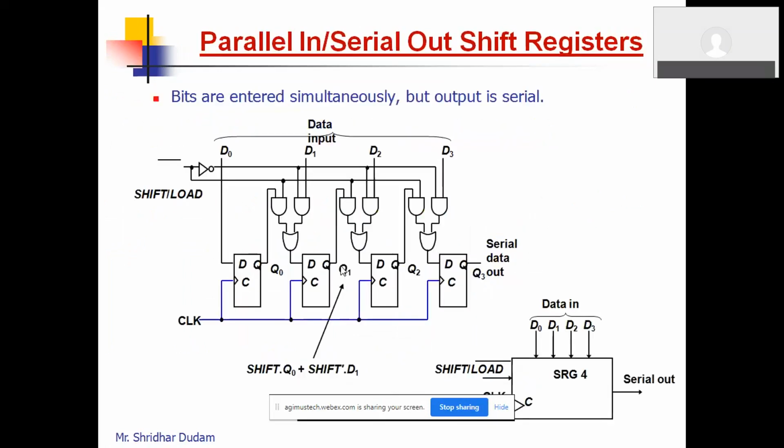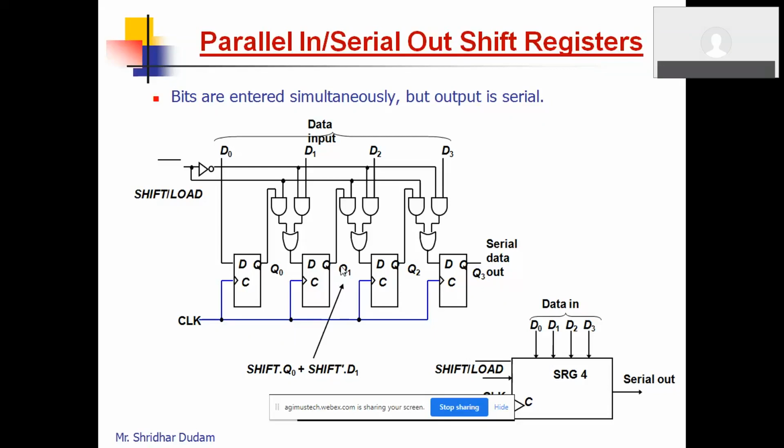Then parallel in, serial out shift register. Here we are loading the parallel data, and at the same clock the serial data is taken out one by one. So at one clock pulse, the whole data is loaded into the shift register, and in the next consecutive clock pulses, 1 bit is taken out.